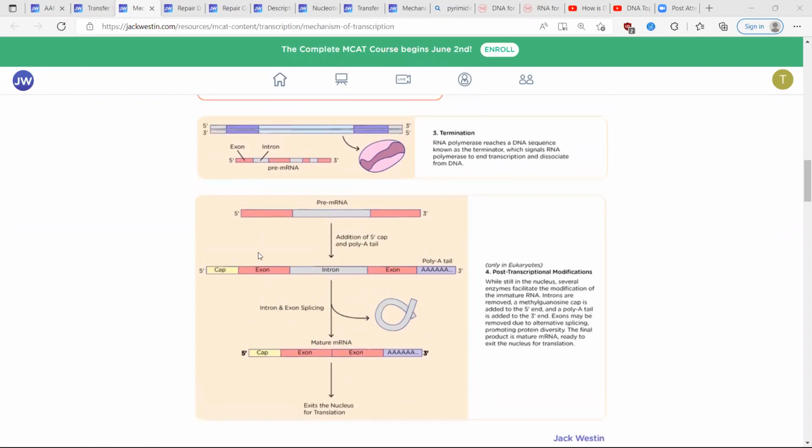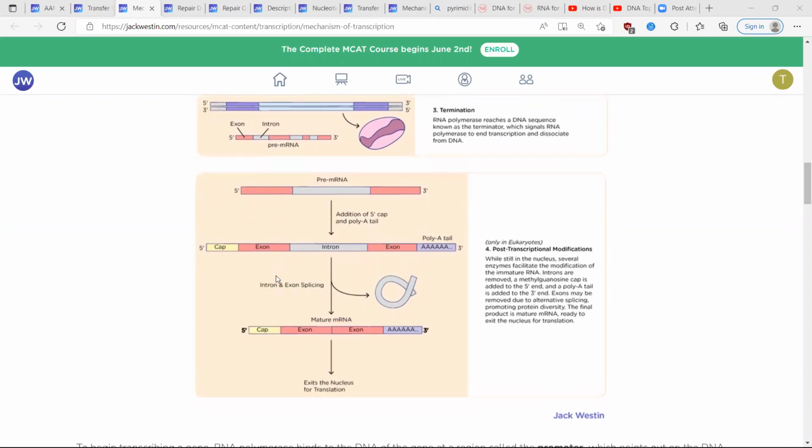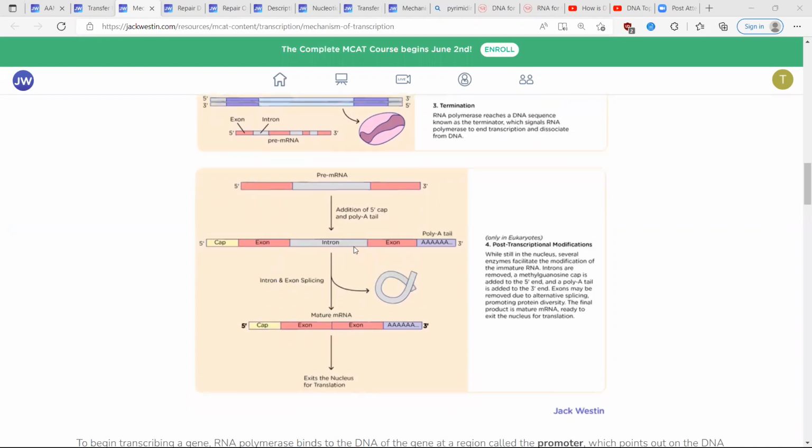What I finally learned that allowed me to remember this is that introns stay in the nucleus and exons exit the nucleus. I wish somebody had told me that, but I didn't. I found that out later, and I was like, "Oh, okay, that makes a lot more sense."